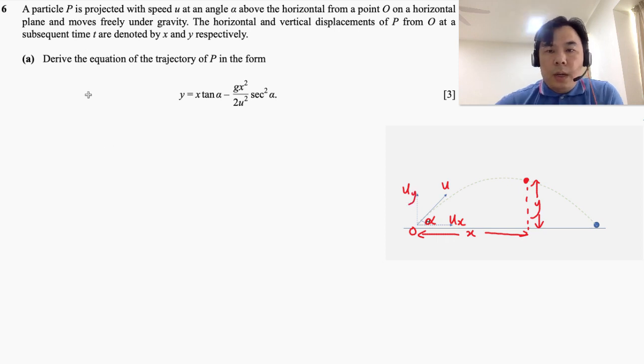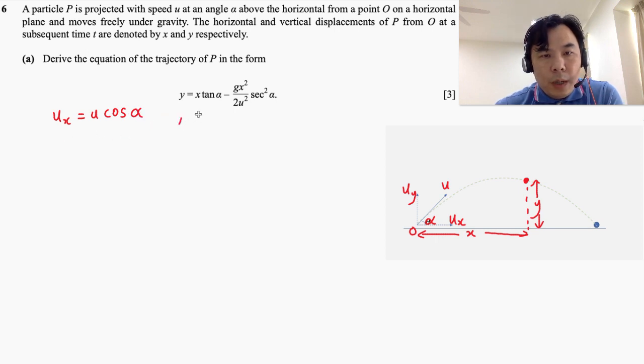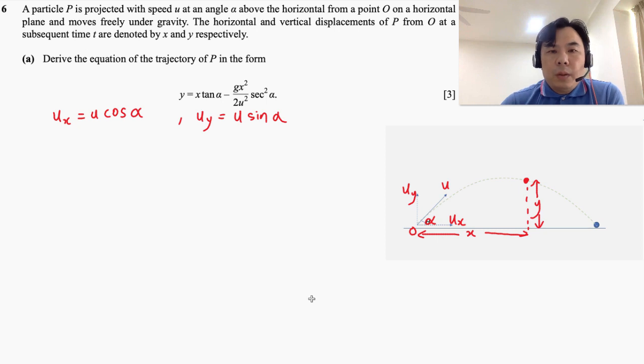By resolving the velocity, we find that ux is given by u cos alpha, whereas uy will be given by u sine alpha. I hope that's clear.